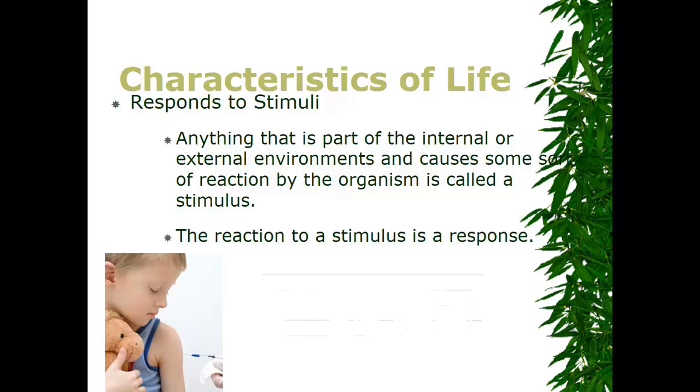In order for an organism to be able to live, it has to be able to respond to either its internal or external environment. An example for us is responding to our external environment, the environment around us. Our internal body works at a certain temperature, and I believe it was like 98 degrees Celsius or Fahrenheit.